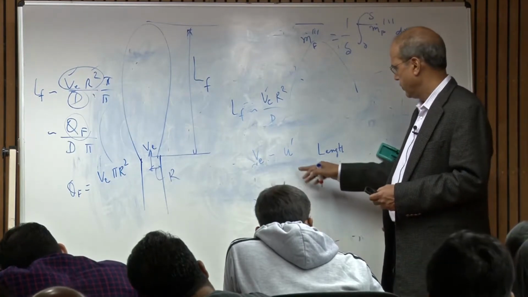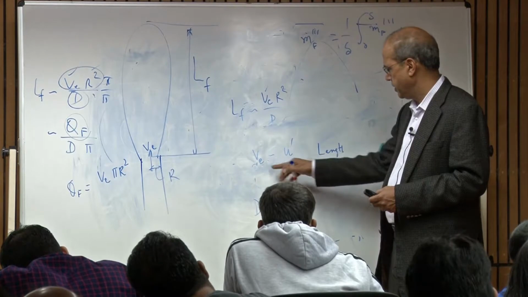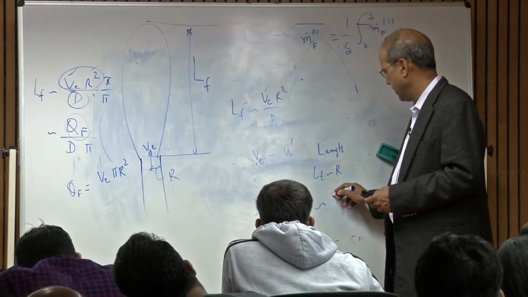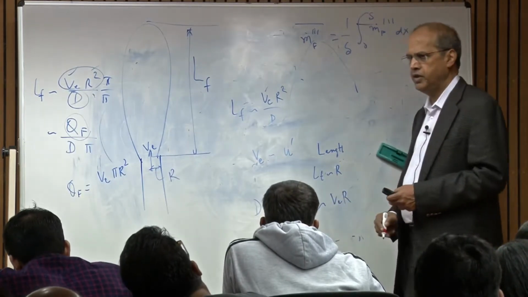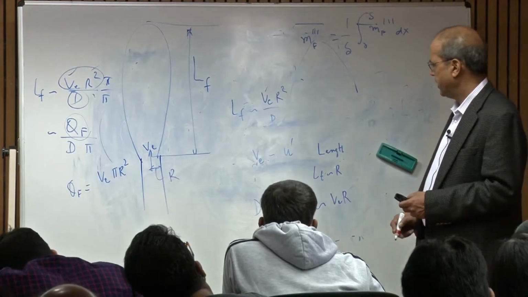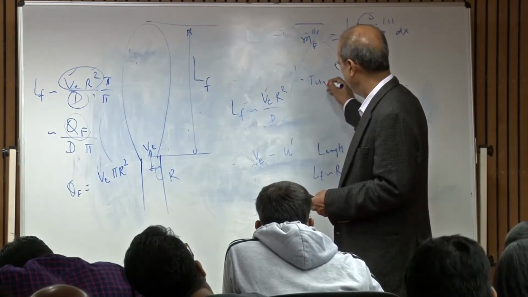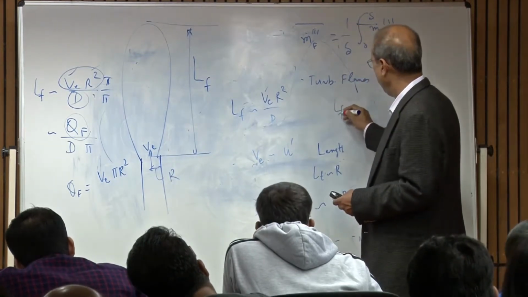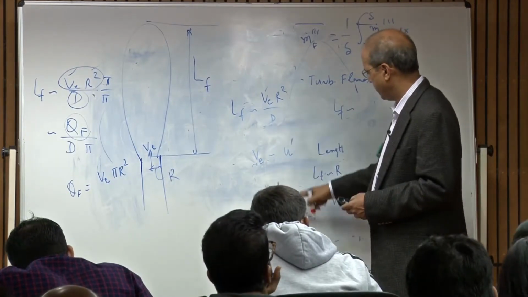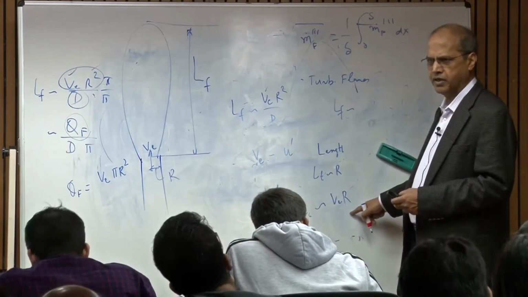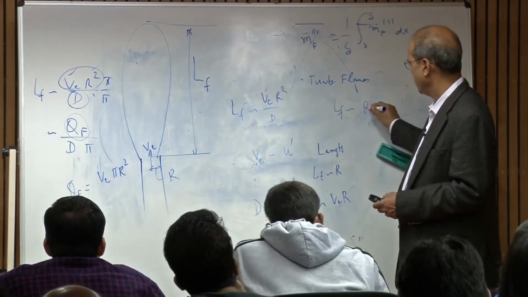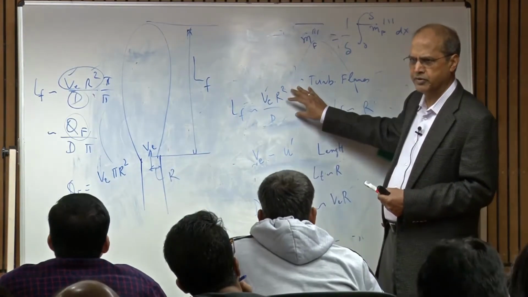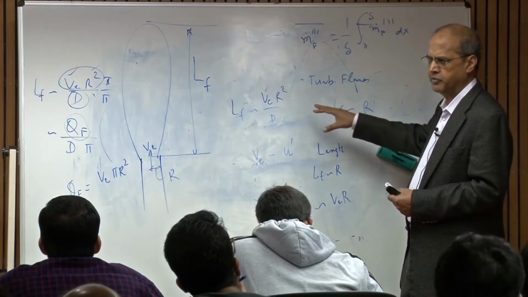So the velocity scale is proportional to VE, the length scale is proportional to R. So this is proportional to VE times R. That means for turbulent flames, the flame length will be, this D now is replaced by VE times R. So the flame length is proportional to R. But the basic relationship holds for turbulent flames, except the diffusivity is now replaced by the turbulent diffusivity.